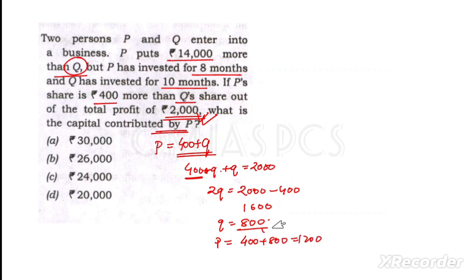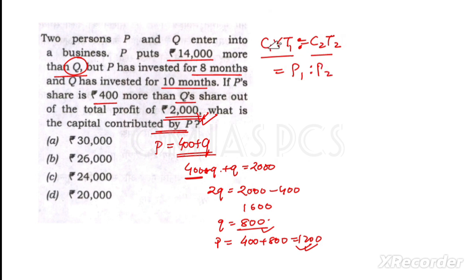So these are the profit shares. In business type questions, I have told you we have to write contribution multiplied by time, C1 T1 and C2 T2, and this ratio is in the same ratio of profit, P1 is to P2.